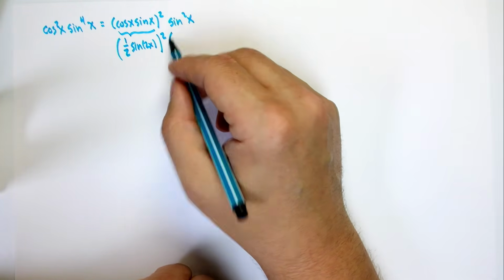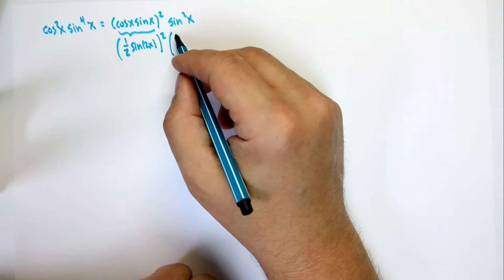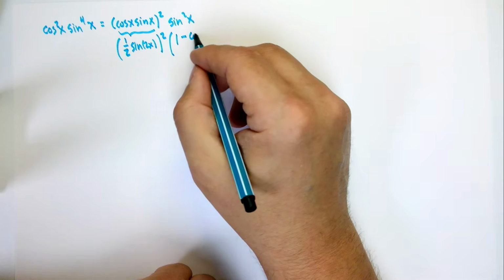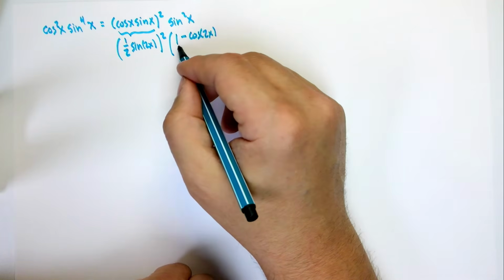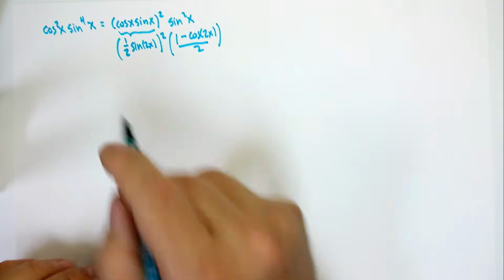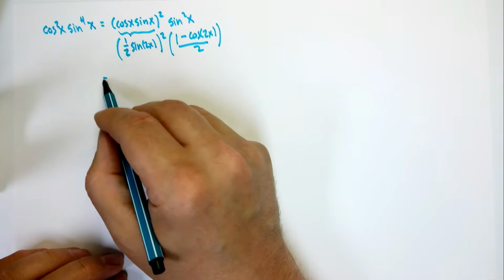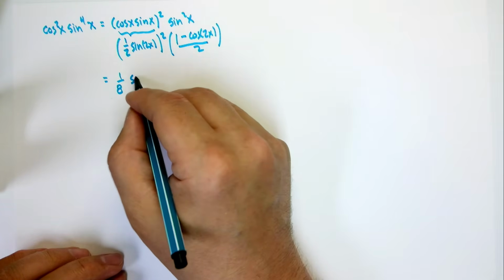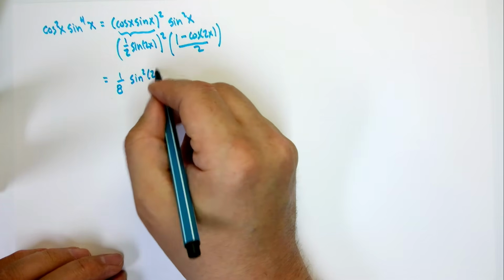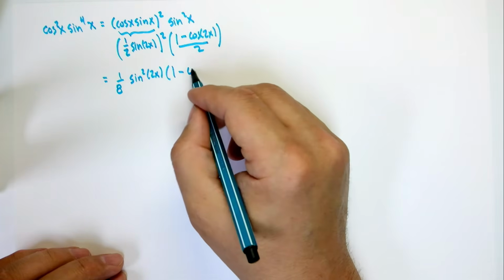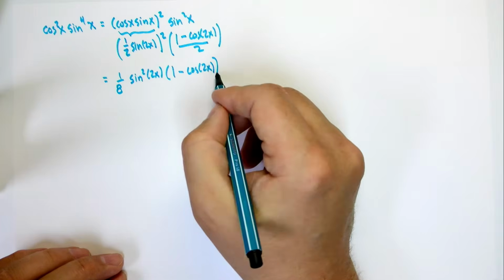Well, that's going to be 1 minus cosine 2x over 2. And what does this become? Well, that's 1/8 sine squared 2x times 1 minus cosine of 2x.